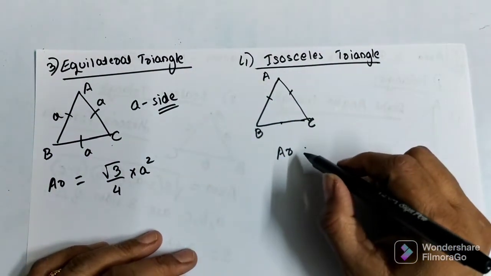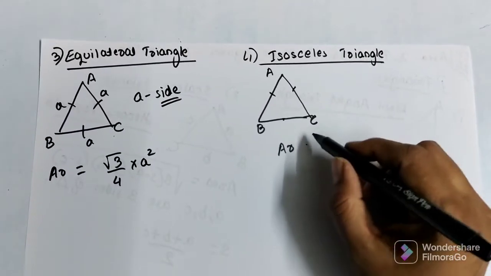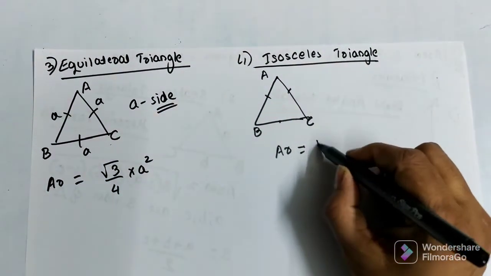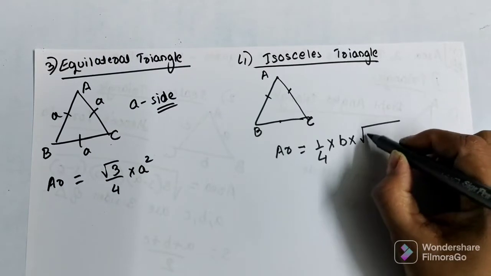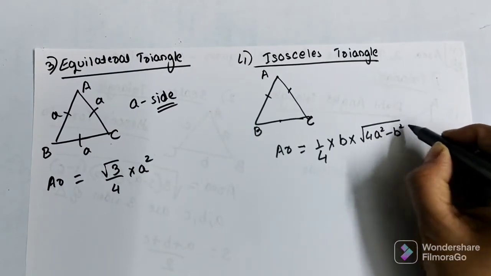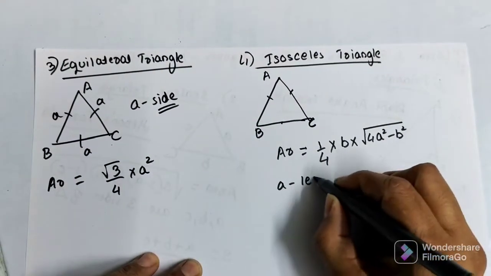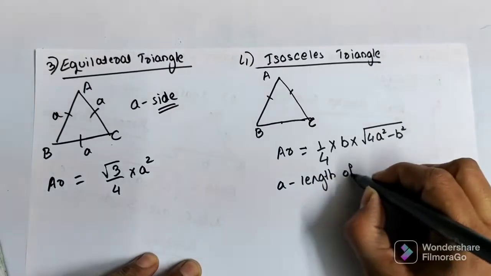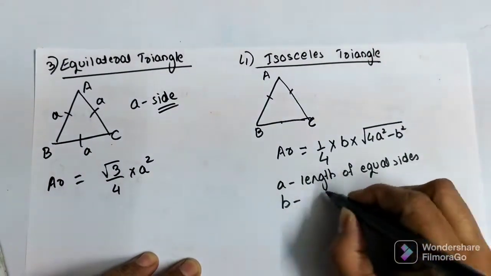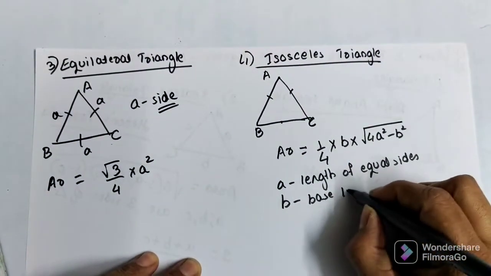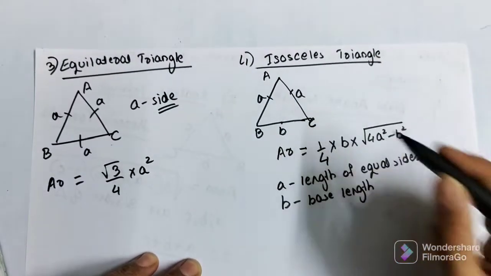One is, you can use Heron's formula, and there is another formula, which is area equal to 1/4 into B into root of (4A square minus B square), where A is the length of the equal sides and B is the base length. So if we call this A, this also will become A, and this is B.